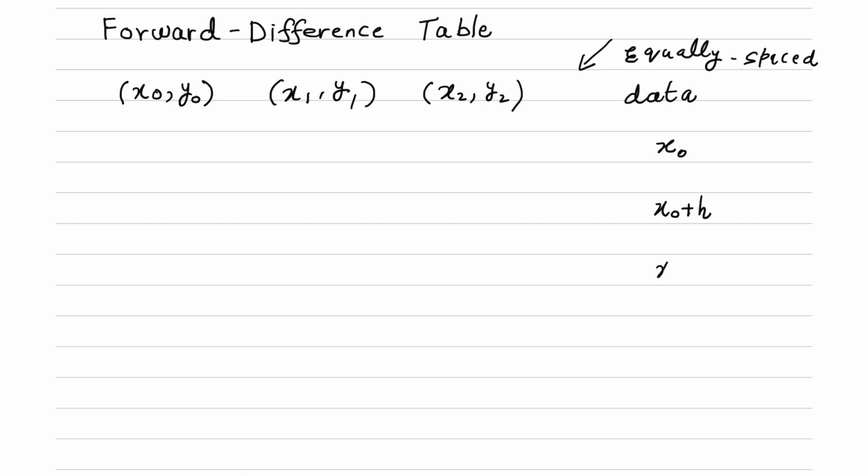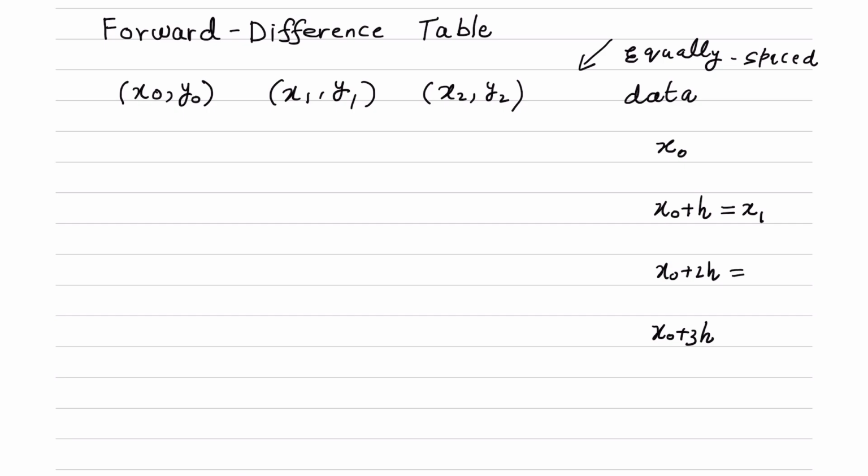Then the next value would be x0 plus 2h. Then the next value would be x0 plus 3h. So if your first value is x0, then the next value which you obtain by adding h to the previous value is also written as x1. So you can read x1 as x0 plus 1 into h.